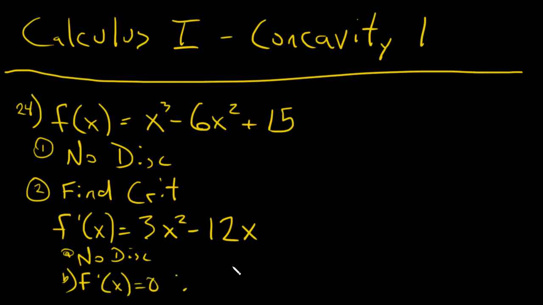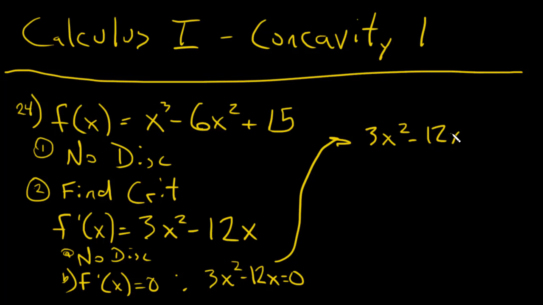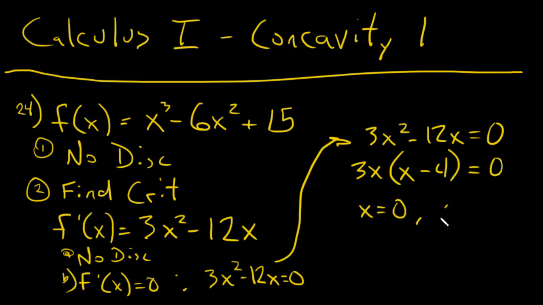Well, that's going to imply that 3x squared minus 12x equals 0. I can factor out 3x. So 3x times x minus 4 equals 0. x equals 0 and x equals 4.